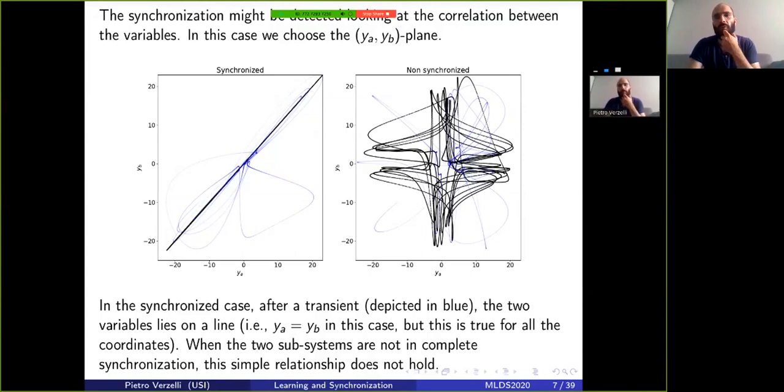But what many people think about is, okay, but why should this be defined only by a linear or identity relation?